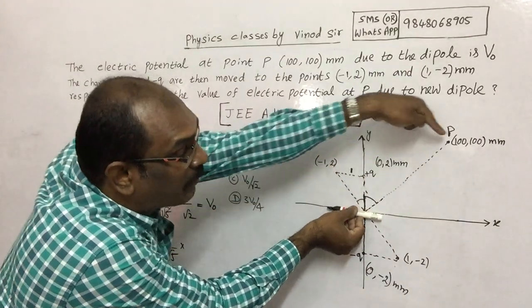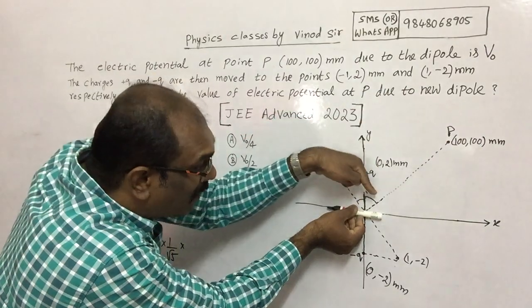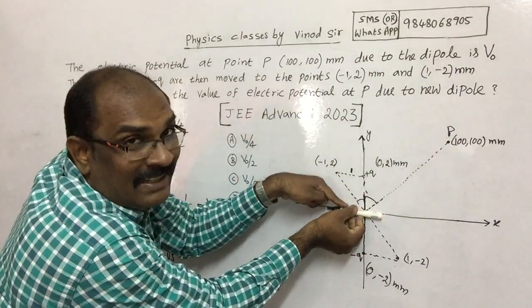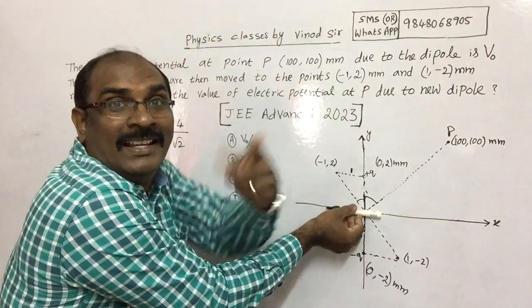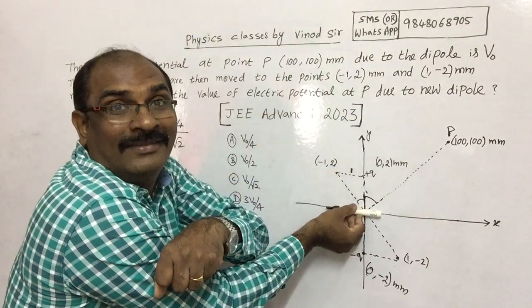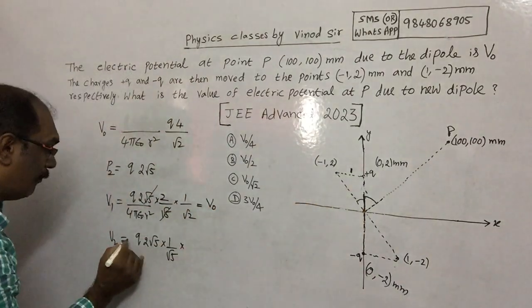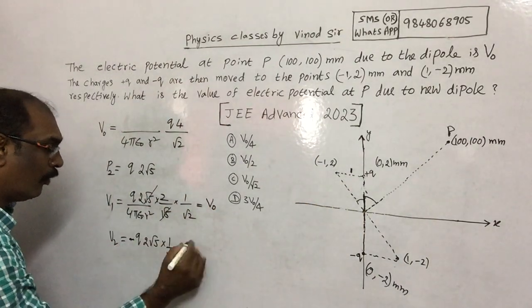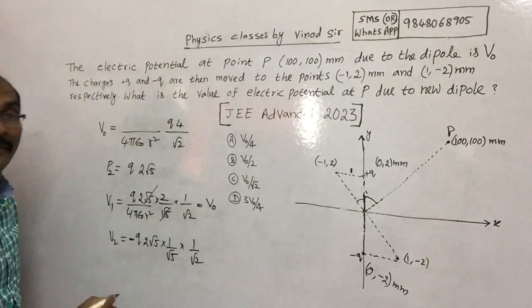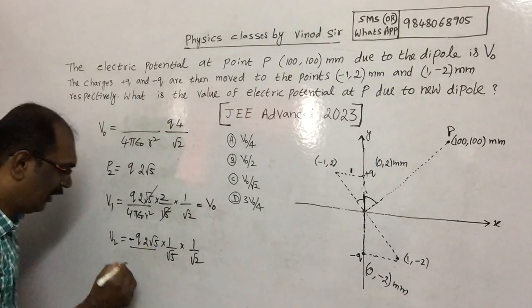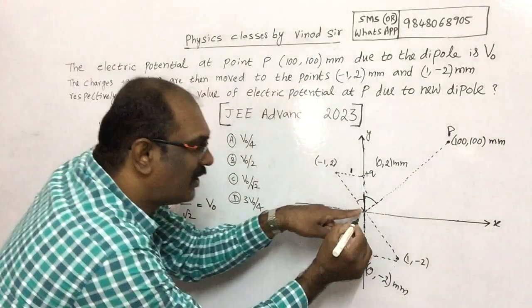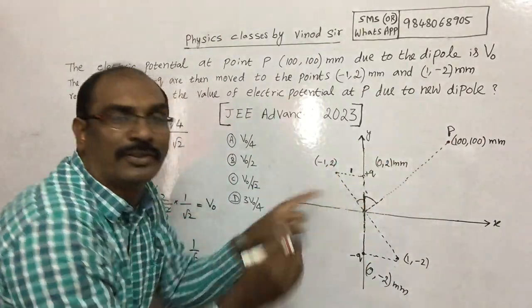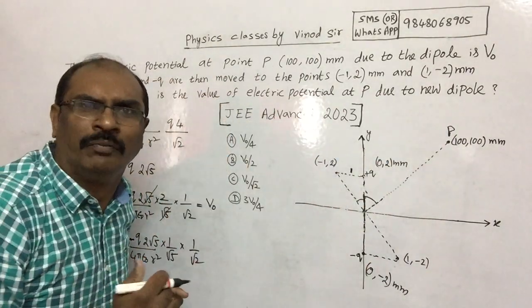Because the point is here, so this is 45. This is 90 degrees. 90 plus 45. Cos of 90 plus 45 becomes minus 1 by root 2, no? And as usual, in the denominator 4 pi epsilon naught r square, because from the center of the dipole r we substituted the same from the beginning.